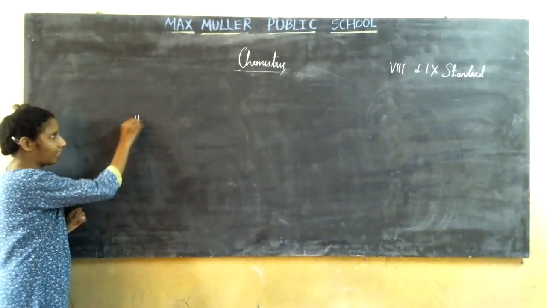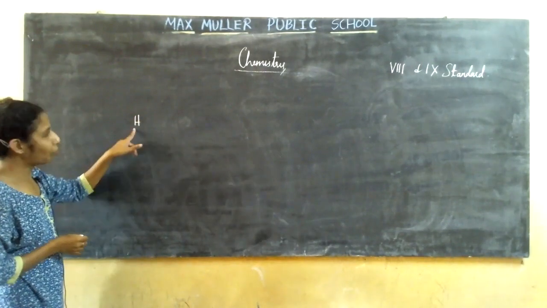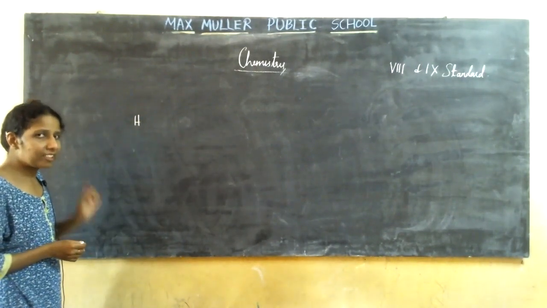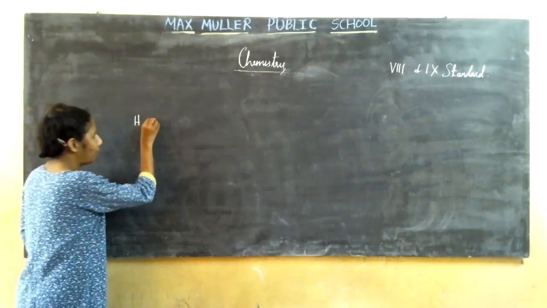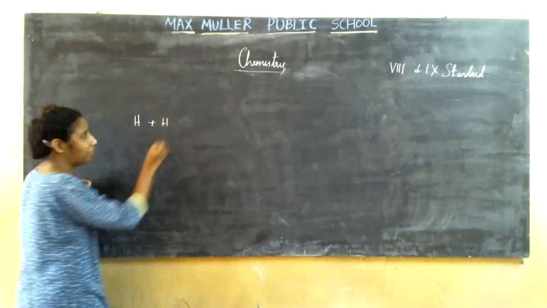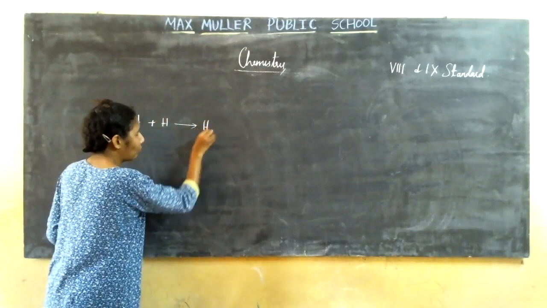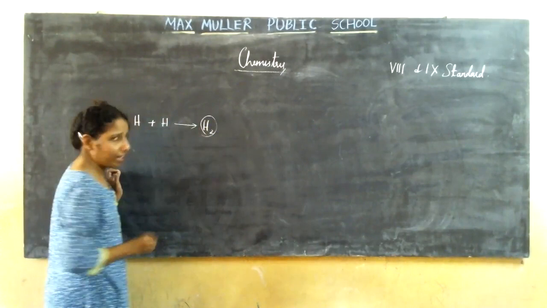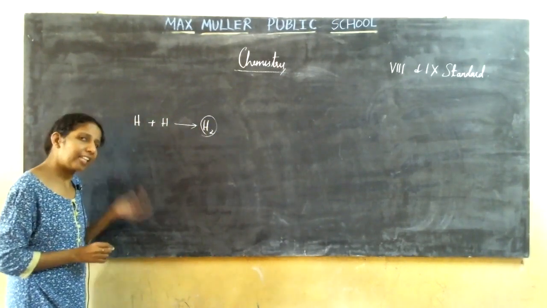What does this represent? An atom of hydrogen. It does not exist independently. So it combines with another hydrogen atom to form a molecule of hydrogen. Whereas this molecule of hydrogen exists independently.